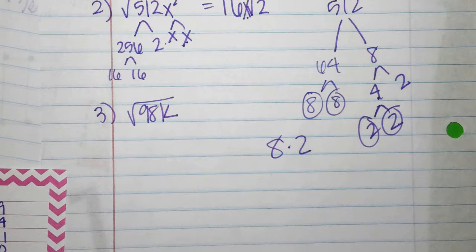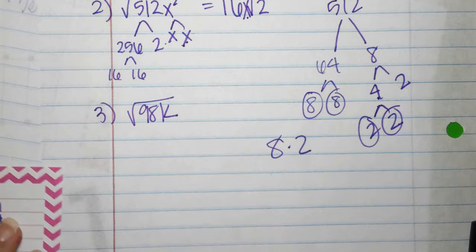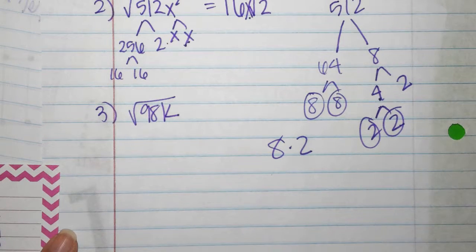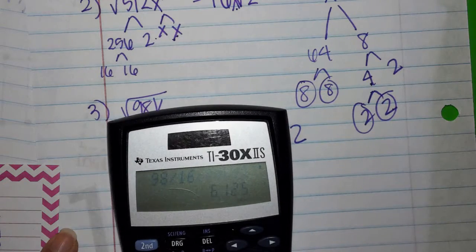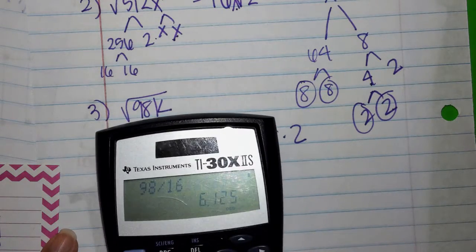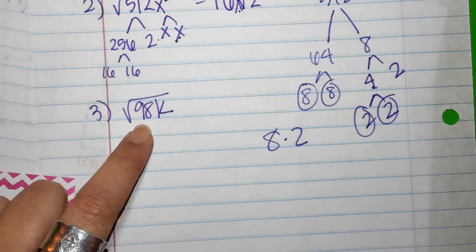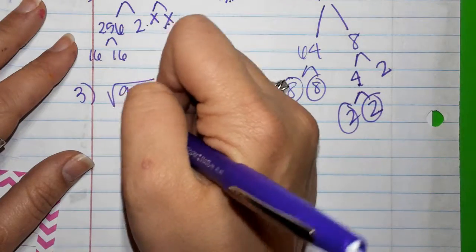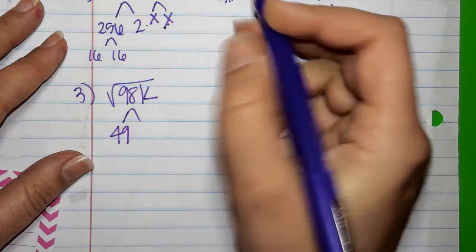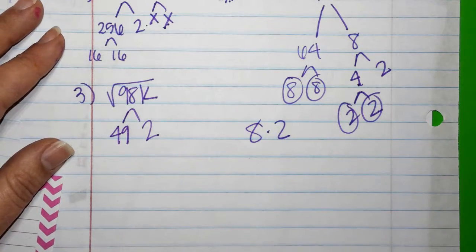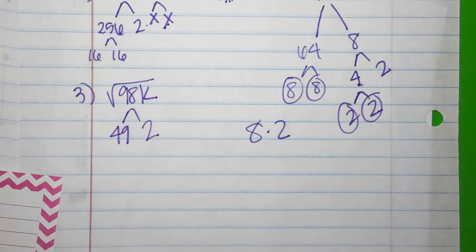I'm not finding one. Are you guys? Oh, I did. 49. What'd you get when you did 16? I got 16 times 6. But we're looking for 98. Oh. All right, so I got 49 and what? 2.